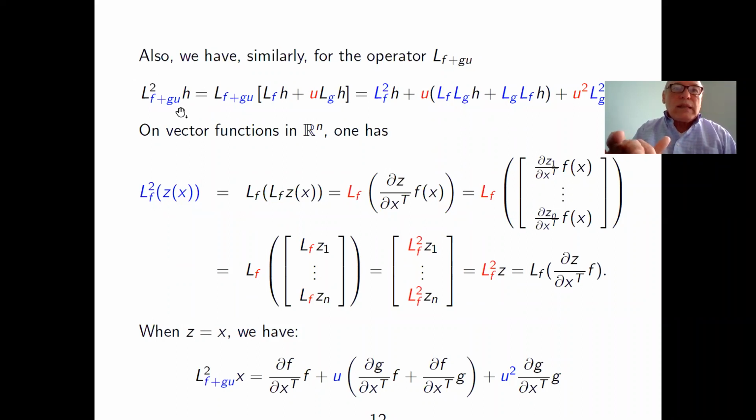So the second iteration of the scalar function h with respect to the vector field resulting from the right-hand side of the system dynamics will be the iteration of that directional derivative of the already taken first directional derivative.